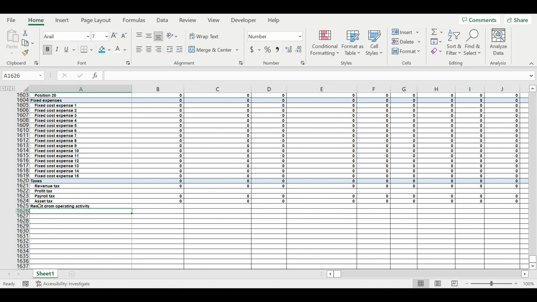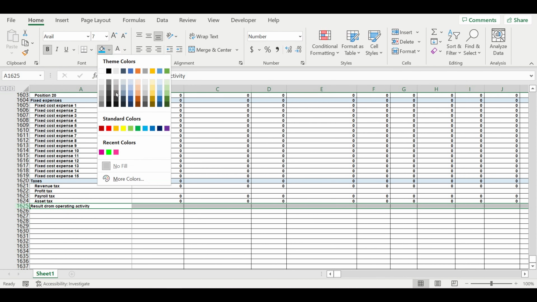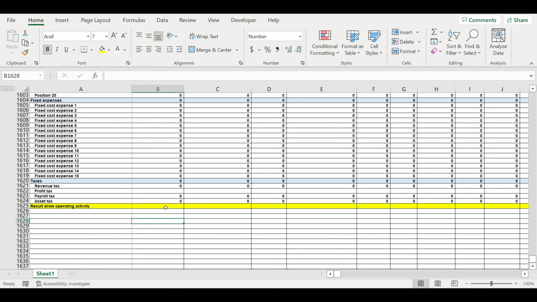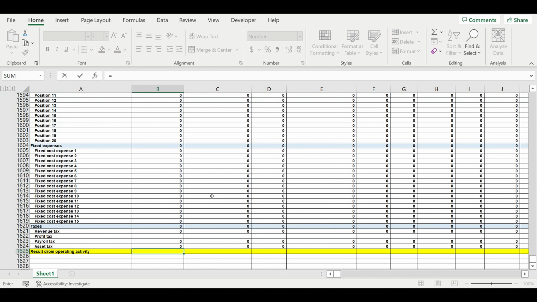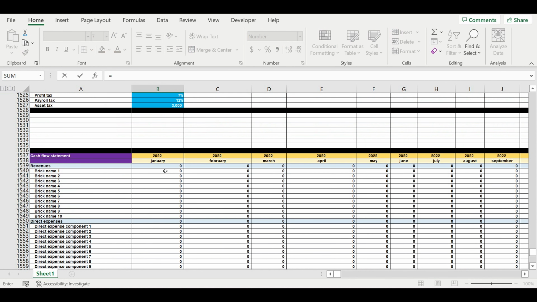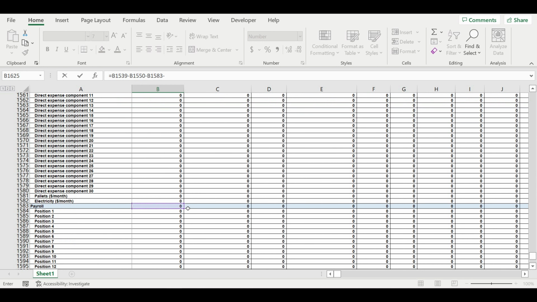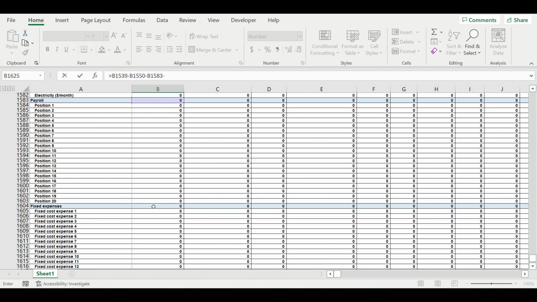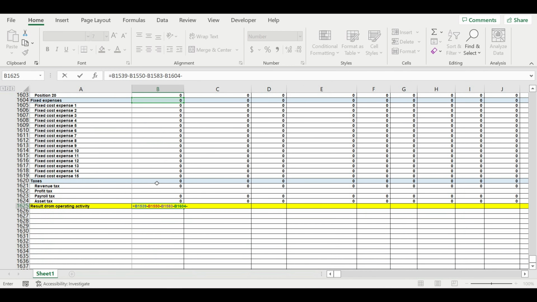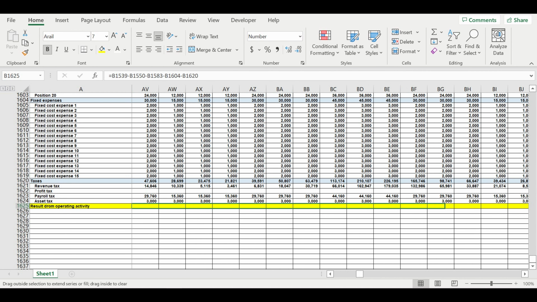So this is the first important block, which shows us how the business operates itself without loan payments. So this is the net breathing of the business, I would say, because we're just taking the revenues minus direct expenses minus payroll minus fixed expenses minus taxes, and then we create the formula.